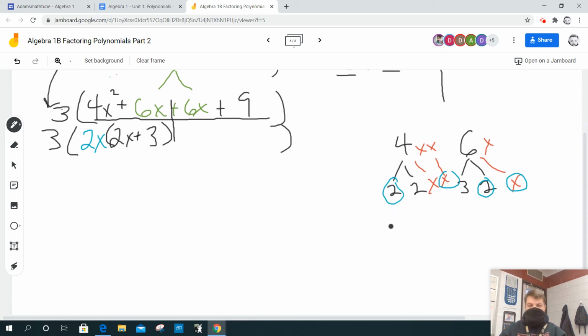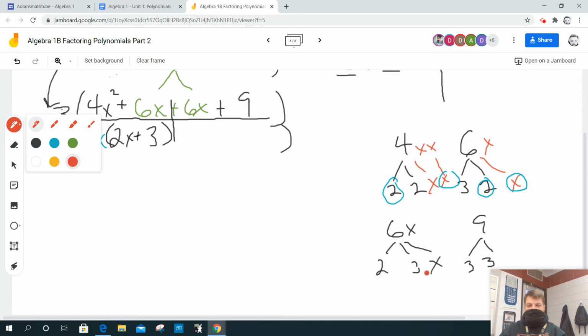All right, so now I got to do this again for the next terms. I'm going to say 6x and 9. Well, 9 is just 3 times 3, and 6x is 2 times 3 times x. What do they have in common? Just a 3. It's a positive 3, so I'm going to put a positive 3 here.